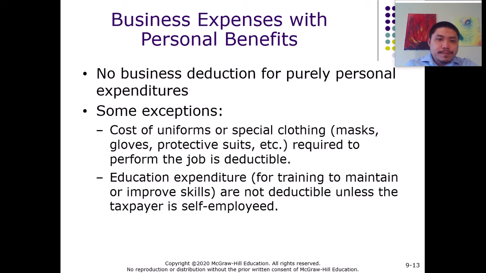Another type of limitation I want to talk about is the case where business expenses can get mixed up with personal benefits. As I said, in a flow-through business, such as an S corp, it's very easy to commingle business purpose and personal purpose.